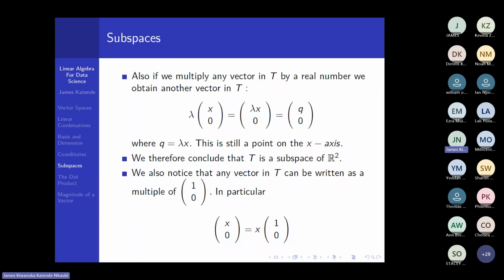So what this means is that this one vector spans the whole of the subspace. The subspace is spanned by just one vector. And remember, one vector is considered to be linearly independent, and therefore this one vector is a basis of our subspace T, where our subspace is basically the x-axis or a point on the x-axis.